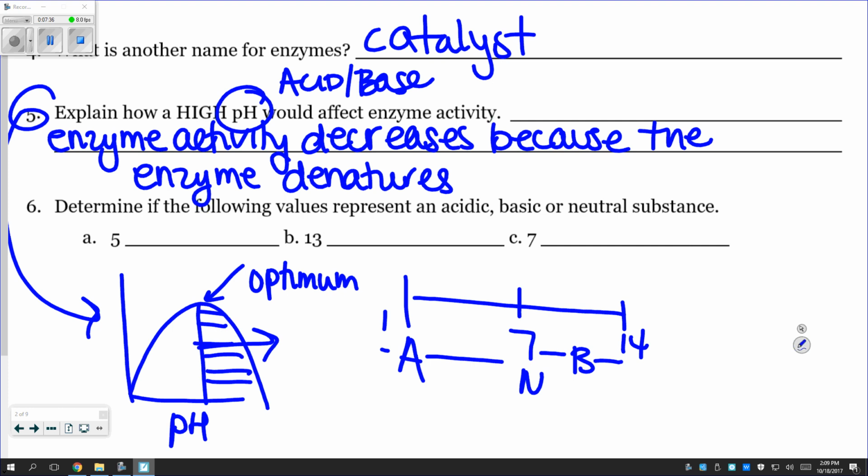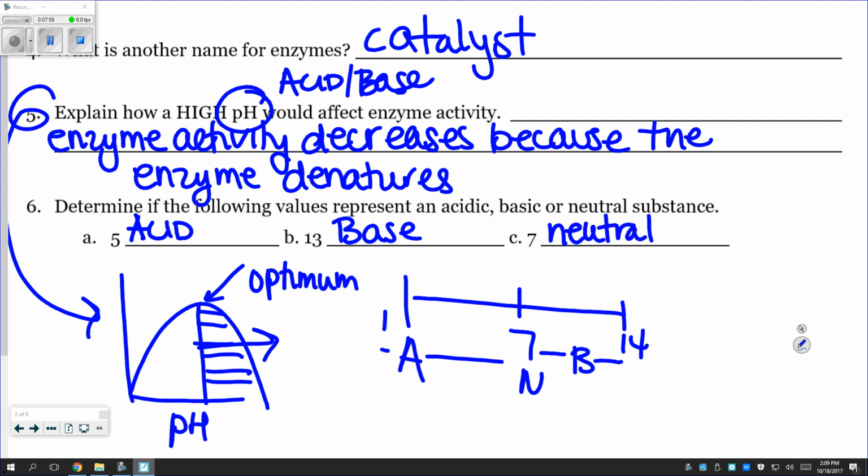And then bases are any value greater than 7 to 14. So 5 is going to be considered an acid. 7 is going to be considered a base. 13 is going to be considered a base. And then 7 is going to be considered neutral.